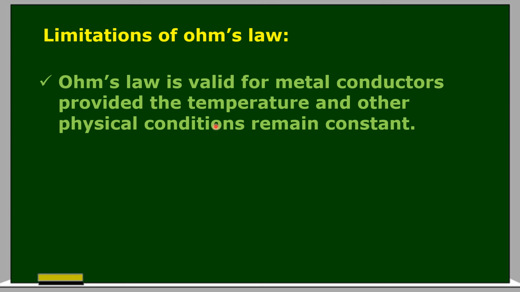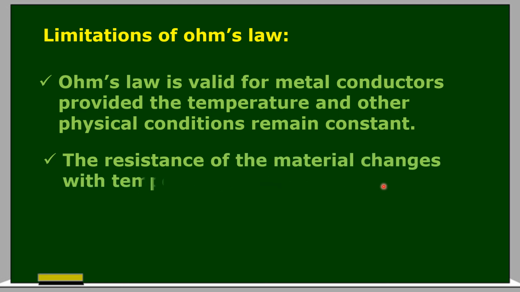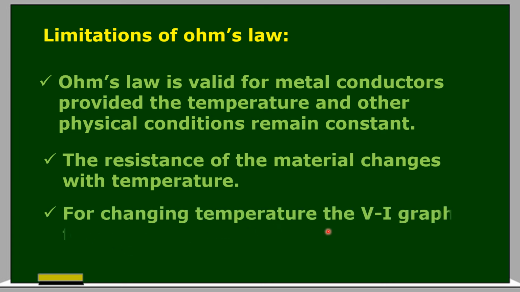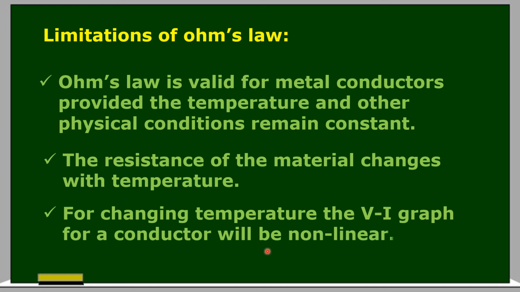At that time, Ohm's law will not be valid. For changing temperature, the VI graph for a conductor will be non-linear. We won't get a straight line when temperature is changing. That means Ohm's law is not valid for metal conductors when the temperature is not constant.